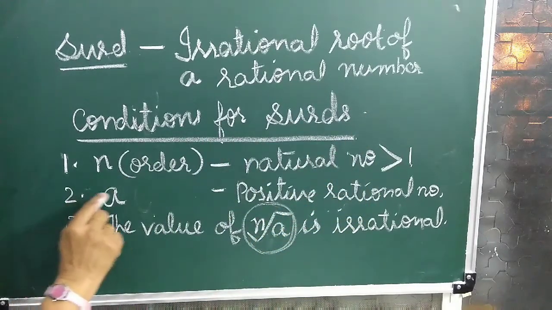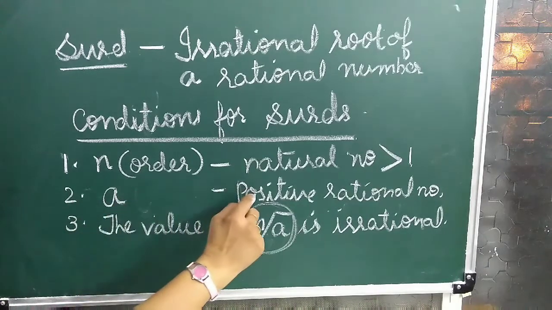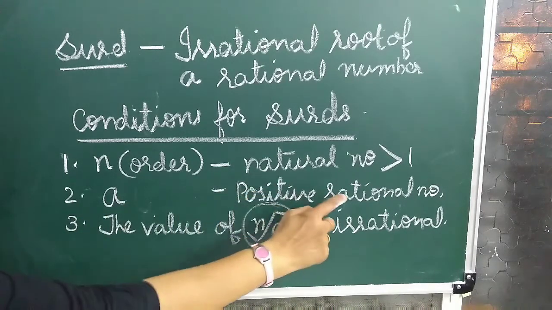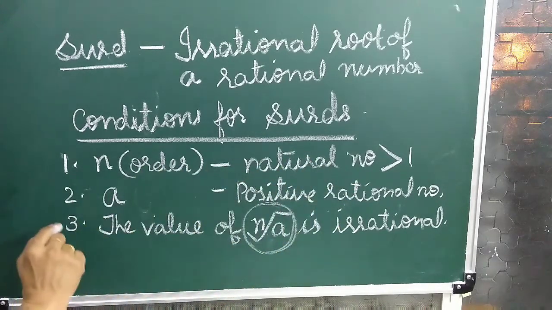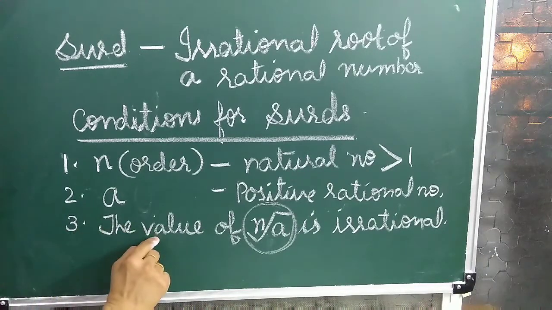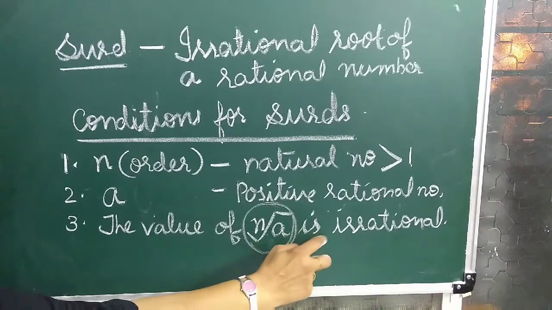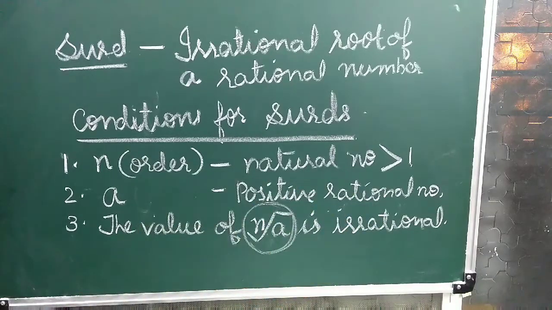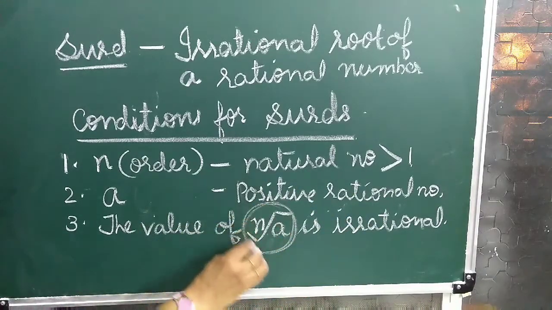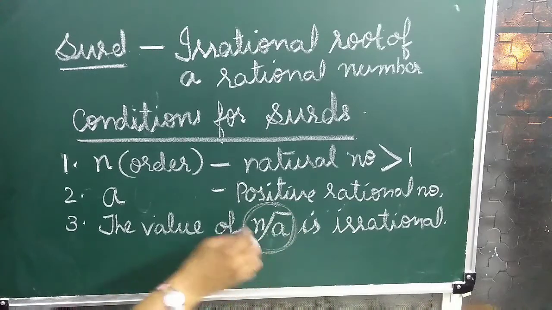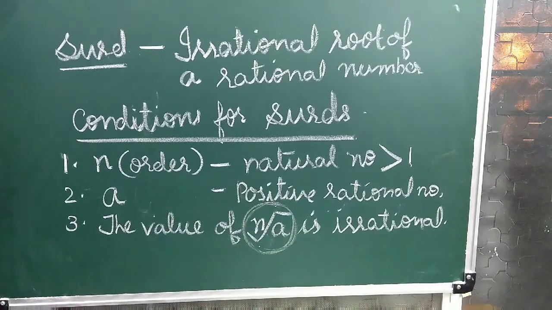Second, a is a positive rational number. Third, the value of nth root a is irrational. Then we can say this nth root a is a surd.